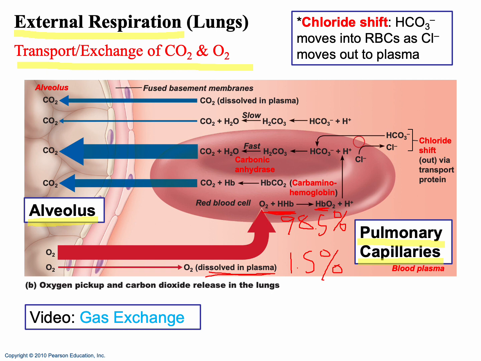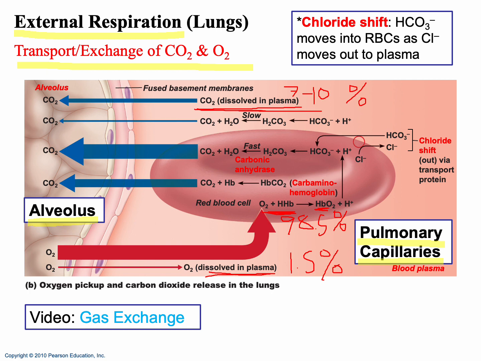All right, carbon dioxide. A small percentage of carbon dioxide will be dissolved in the plasma of the blood. That percentage is roughly 7 to 10%. So 7 to 10% will use this method of transport for carbon dioxide.